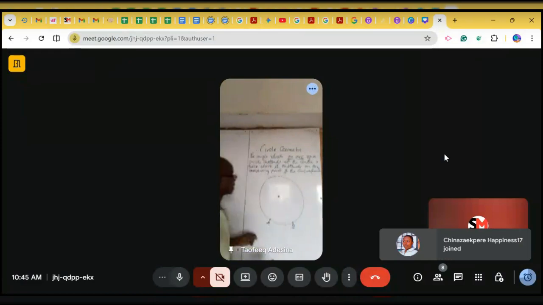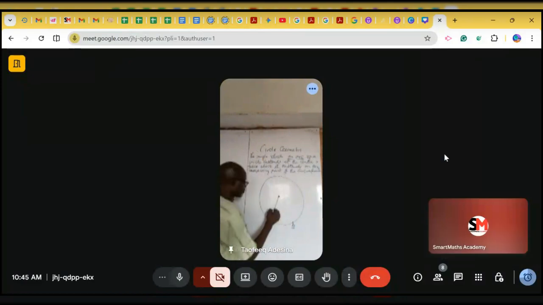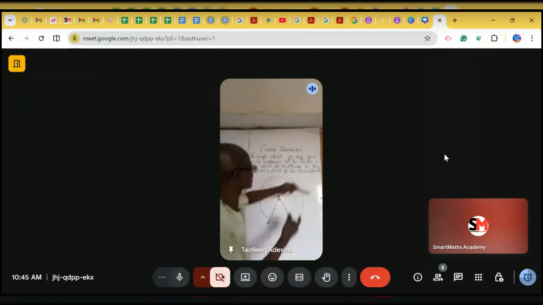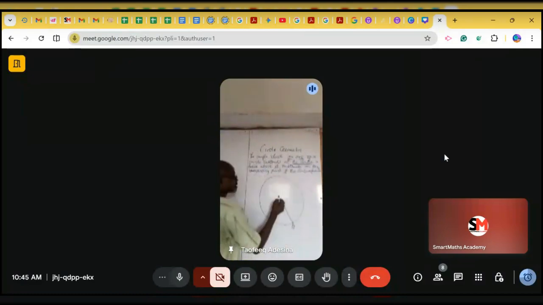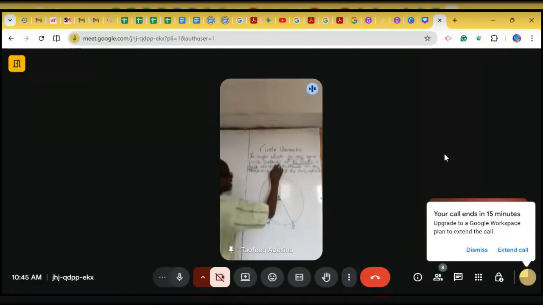With the arc, the angle subtended at the center is twice the angle subtended on the remaining part of the circle. This is the proper angle at the circumference again.